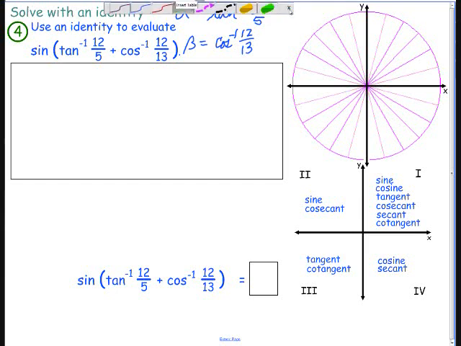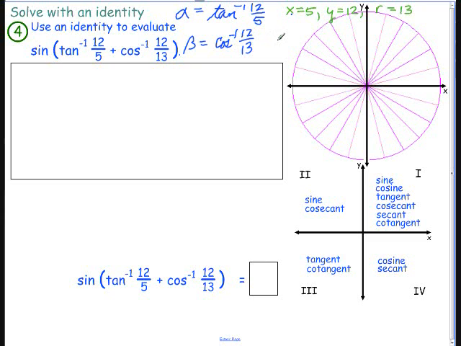Okay. So I know that my x is equal to 5 for this one. My y is equal to 12. And then because I recognize this as part of a Pythagorean triplet, I know that my r is equal to 13.